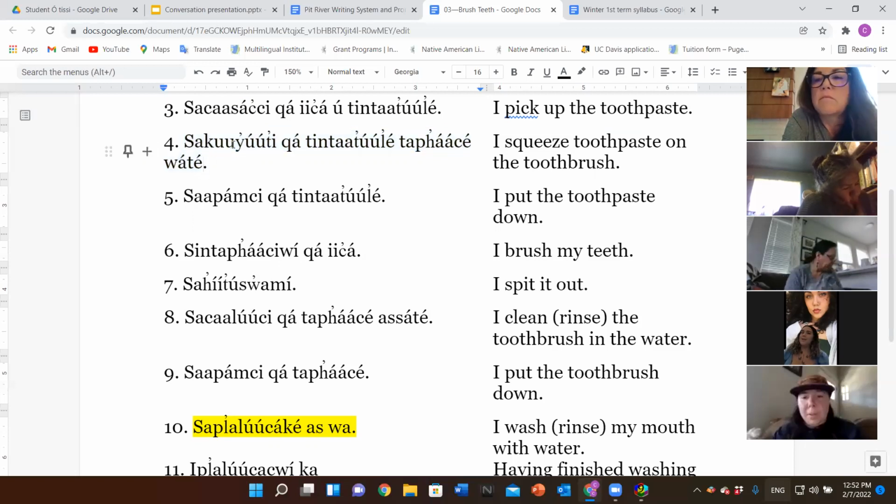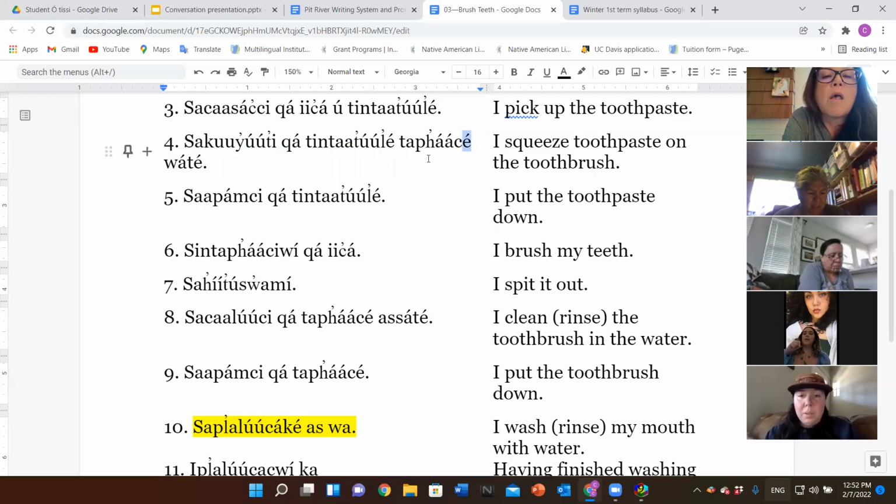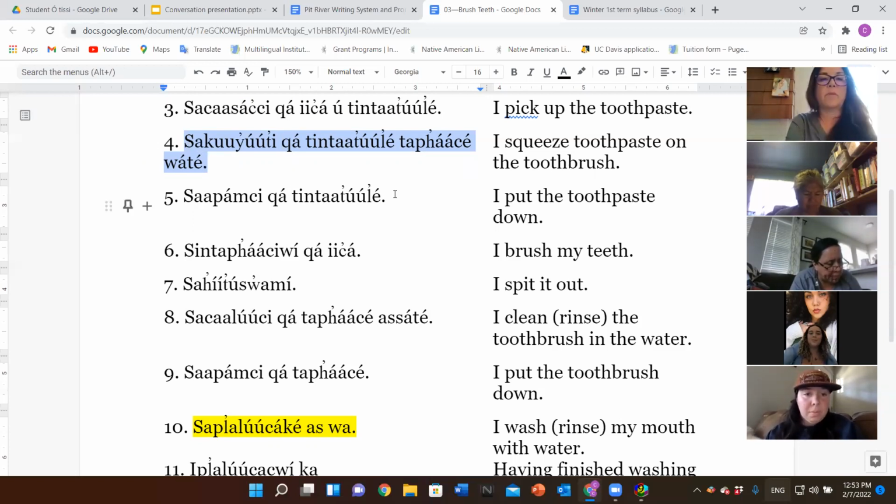Okay, close. You say dap haje, instead of hache. Good. Dap haje. Tus I. And Letty, sagu yuti gatinta tule dap haje wade. Sagu yuti ga dinda tule dap haje wade. Tus I. Perfect. All right.